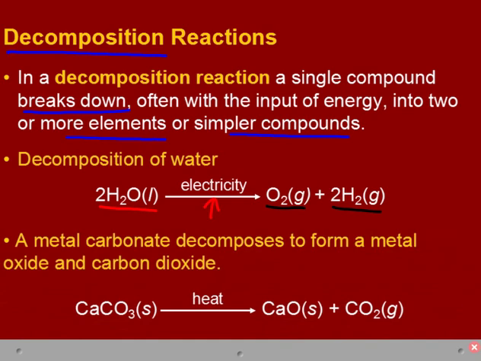Here we have the ternary variety, in which we have the compound calcium carbonate. When heat is applied to it, it will break down into two different compounds, binary compounds, calcium oxide and carbon dioxide. So in both cases, a single compound as a reactant breaks down into two different products.